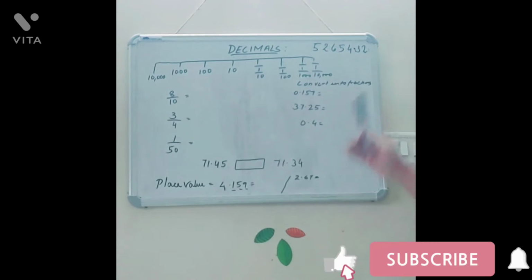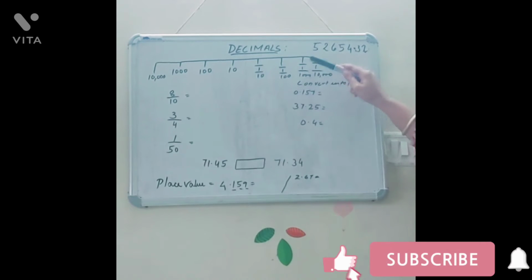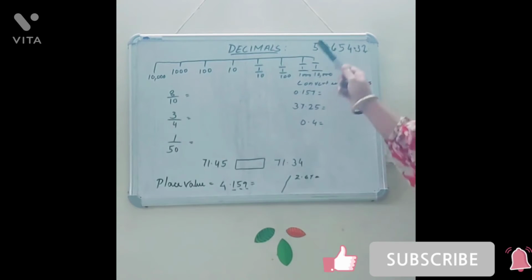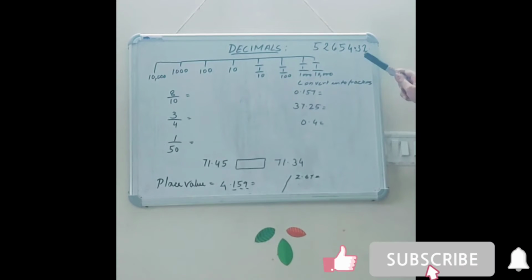Because after the decimal, we get the place values 1 by 10, then 1 by 100, then 1 by 1,000 and then 1 by 10,000. So if you want to expand this, how will you expand? You will expand 50,000 plus 2,000 plus 600 plus 50 plus 4 plus 3 by 10 plus 2 by 100. This is actually the place value.